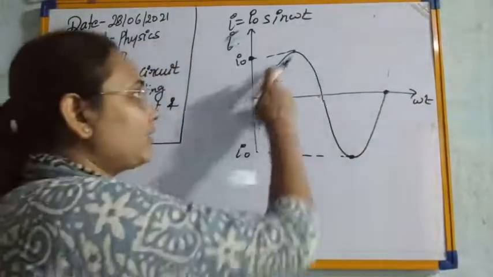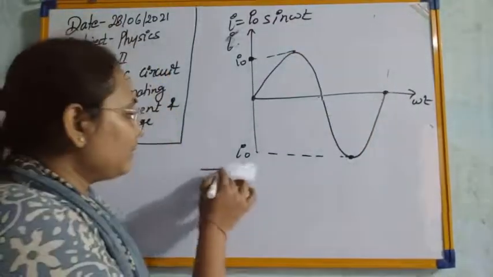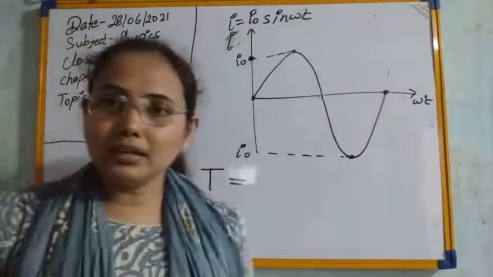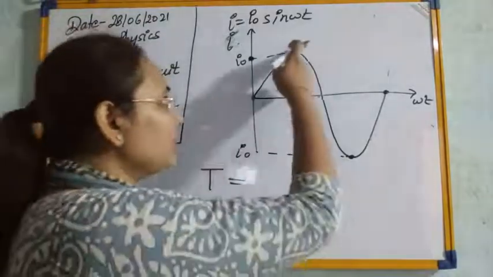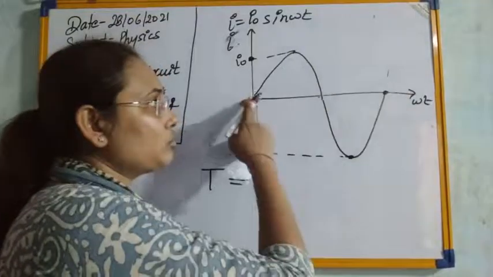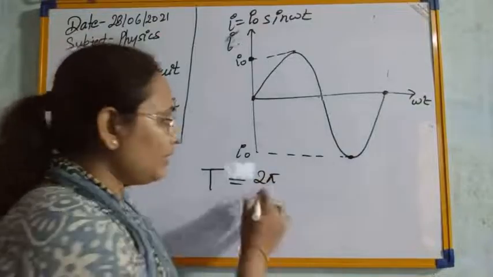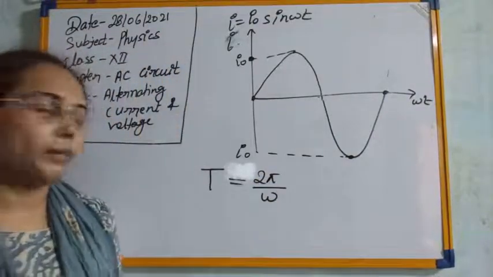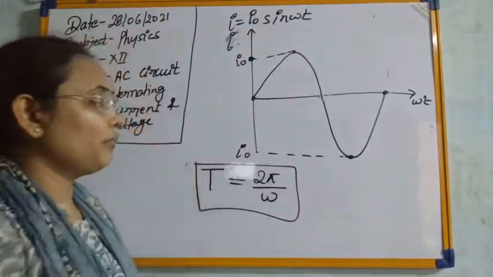So the simple thing is that the time taken to complete this whole cycle, the time period, can be defined as the angular displacement divided by the angular velocity. The angular displacement from here to here is pi, and from here to here is pi to 2 pi, so the total angular variation is 2 pi, and the angular velocity we have taken is omega. So the time period for any alternating current can be defined as 2 pi by omega.